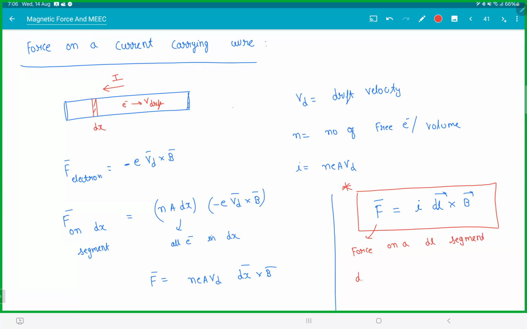And the direction of dl bar is along the current. Whichever direction the current flows, you take the dl bar, small thickness in that direction.